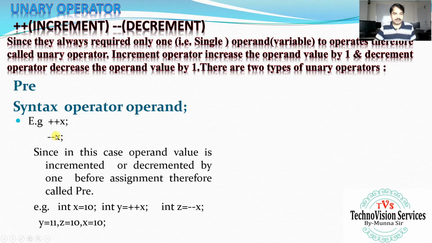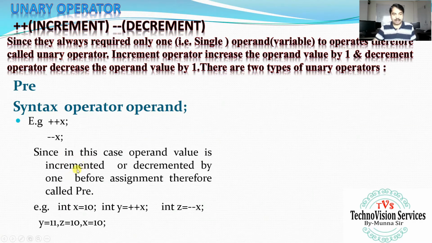How does it work? In this case the operand value is incremented or decremented by 1 before assignment, therefore it is called pre. It first performs the increment or decrement operation before assignment.